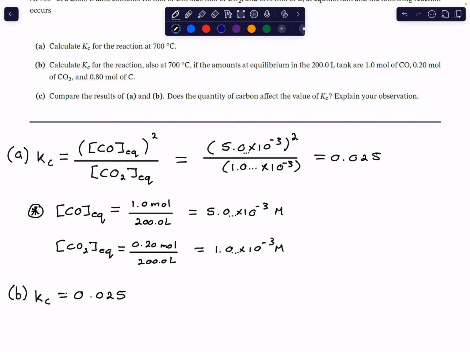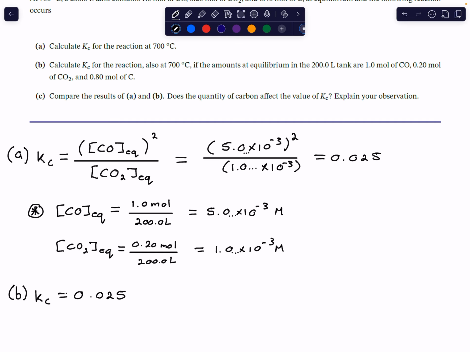All the other times, the concentration values would proportionally shift to keep Kc constant. So your Kc value will always remain constant, and all the other values will vary according to that. Nothing changed here, so your Kc value is the same, and in fact your concentration values remain the same because you didn't really do anything here.